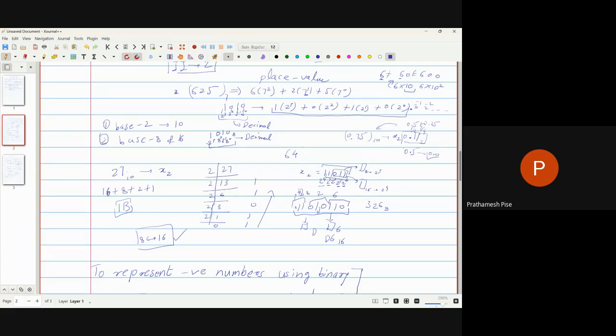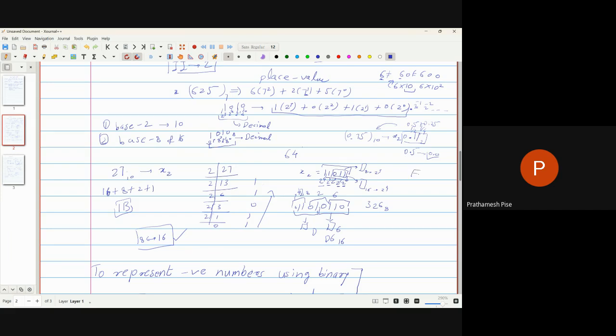But on a tangent, if you want to see how this works in a computer: computers do not have this point. Computers can only understand 0 or 1. So how it happens in a practical way is by fixed point representation and floating point representation.